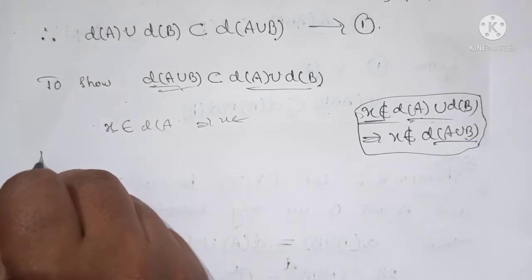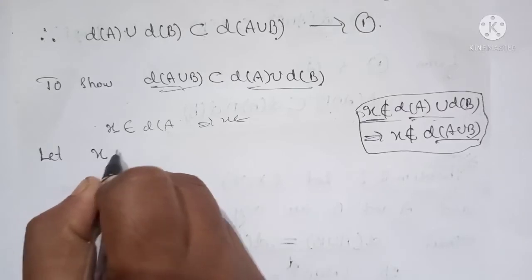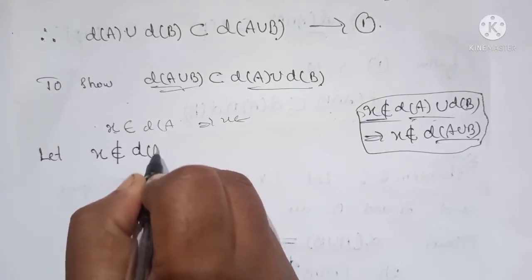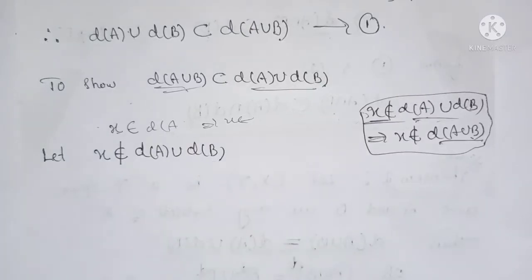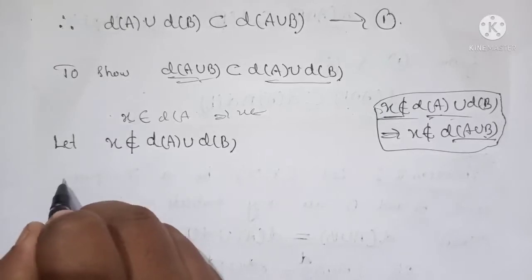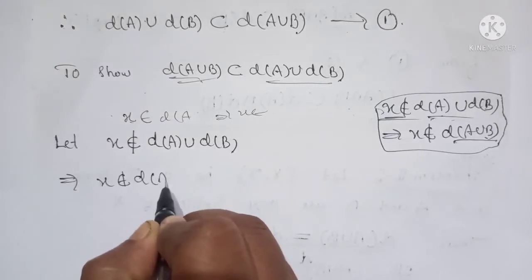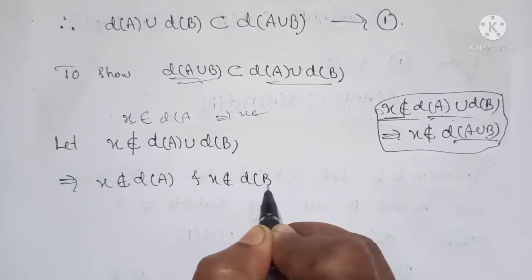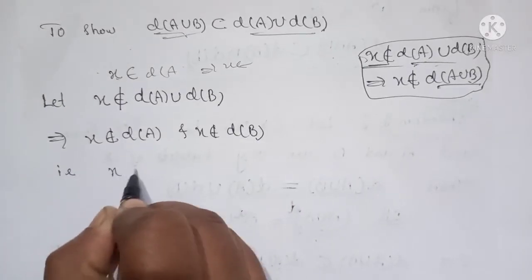Let an element x not belong to the derived set of A union the derived set of B. It implies that x does not belong to the derived set of A and x does not belong to the derived set of B.